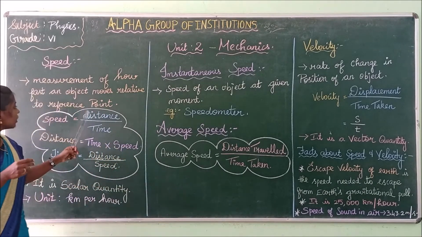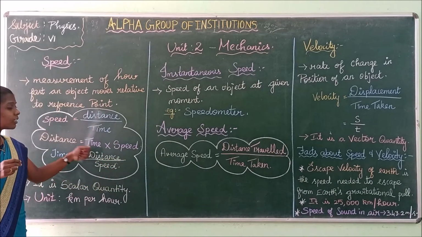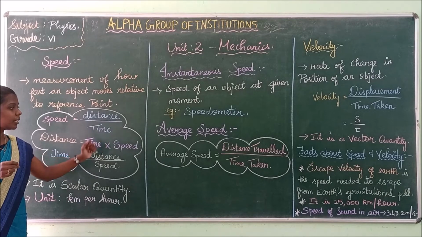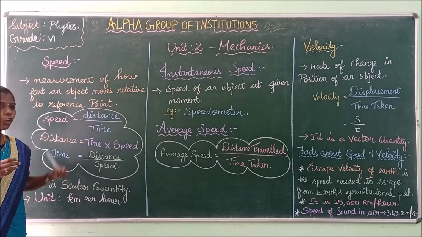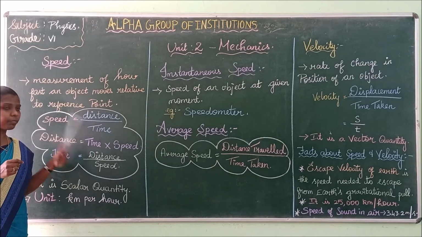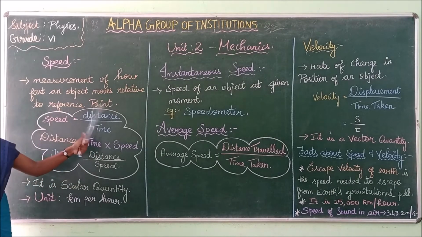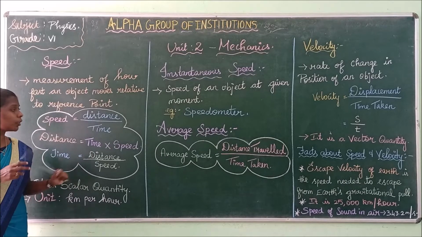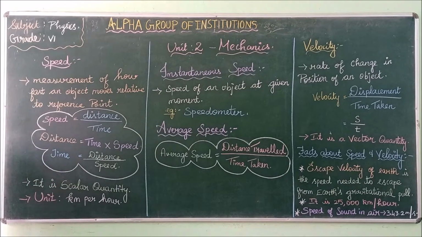The unit of speed is kilometer per hour. Kilometer is the unit of distance and hour is the unit of time. So the unit of speed is kilometer per hour.